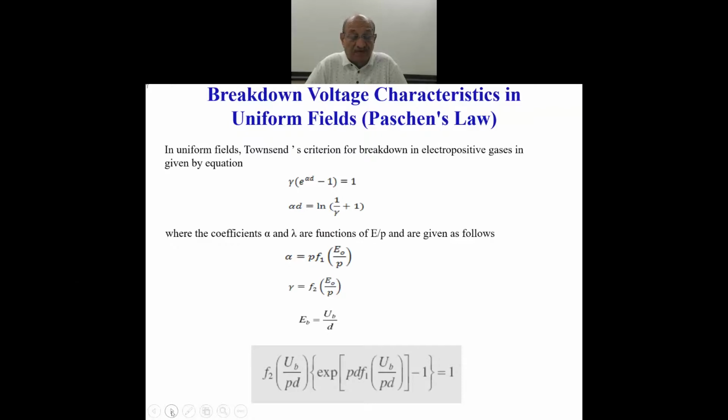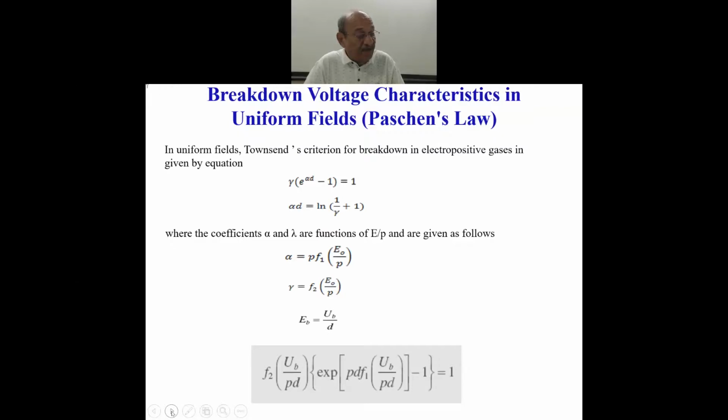So Townsend's criterion for breakdown, we have learned, that is gamma (e^(alpha d) minus 1) is equal to 1. So we can also write this equation as alpha d is equal to ln(1/gamma plus 1).